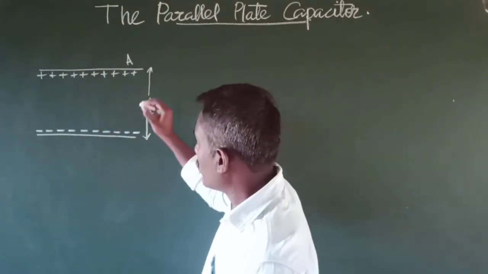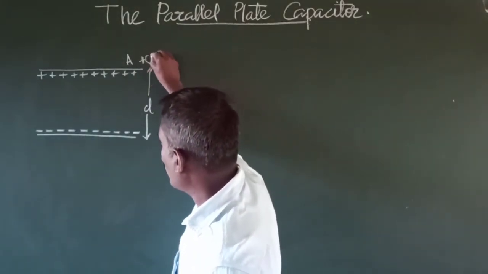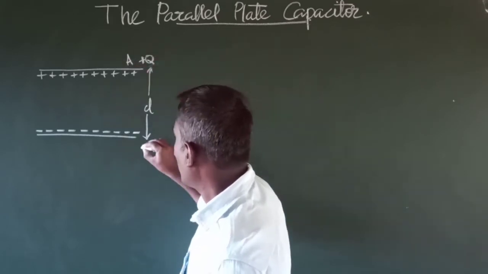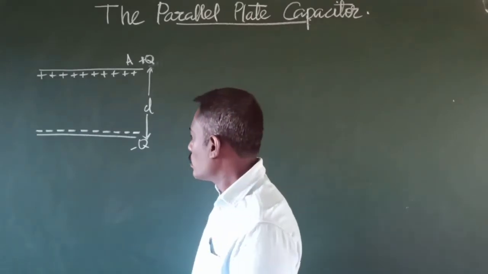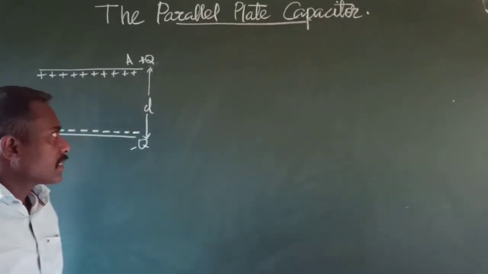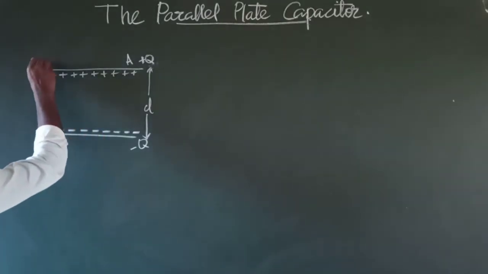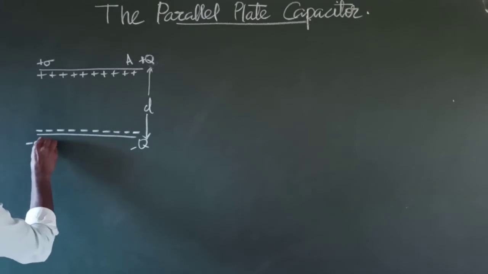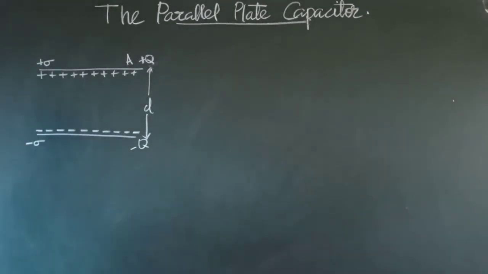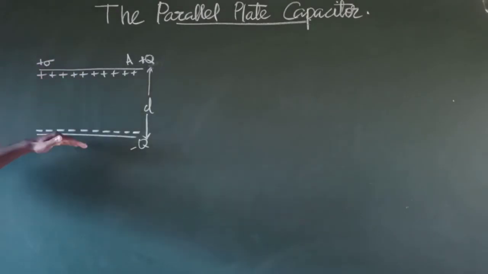These two plates acquire the charges plus Q at plate 1 and minus Q at plate 2. So these two plates have a surface charge density plus sigma at plate 1 and negative sigma at plate 2, because they are positively and negatively charged.